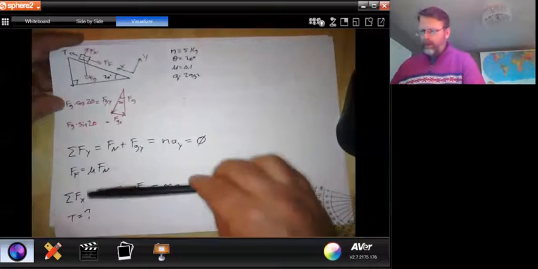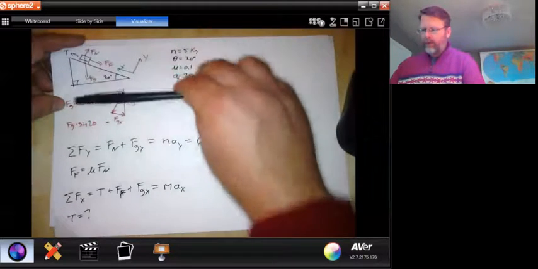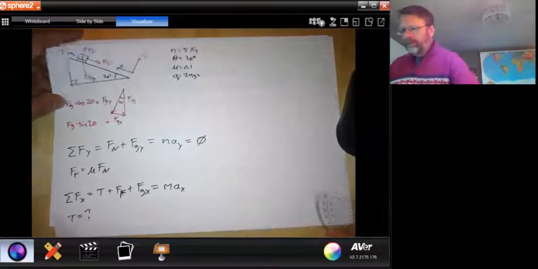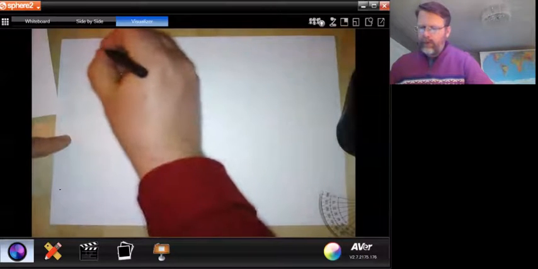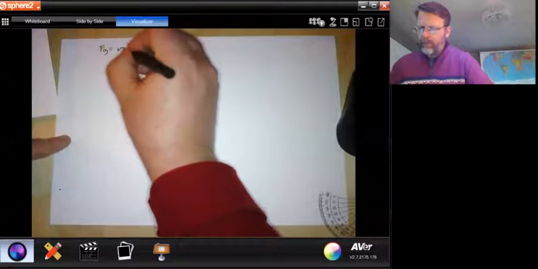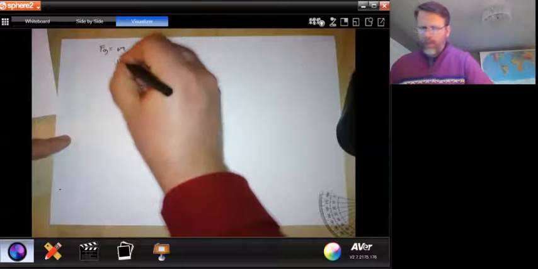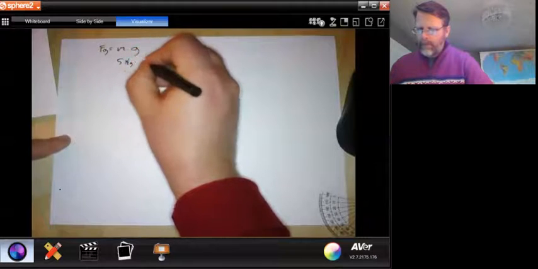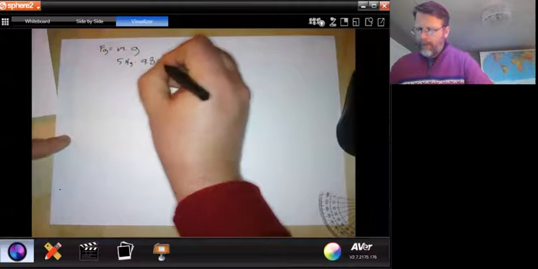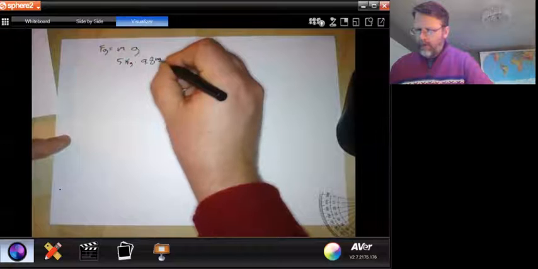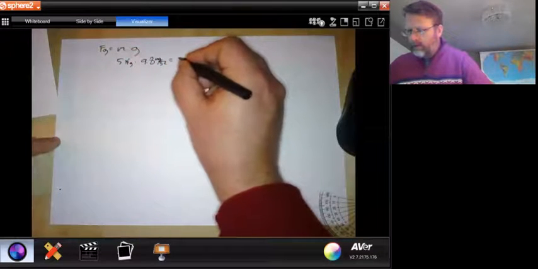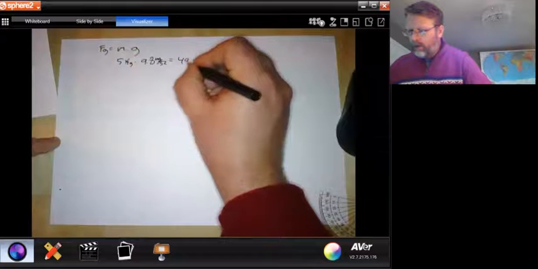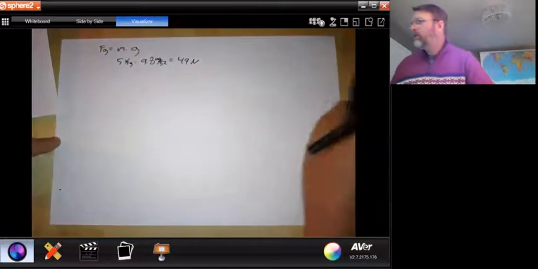So this was our roadmap, and now this is going to be our plan of attack. First, let's figure out what the force of gravity is. That's going to be 49 newtons.